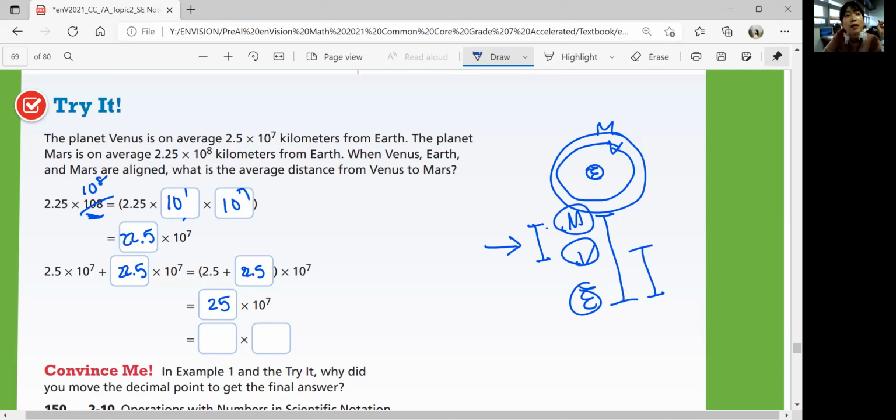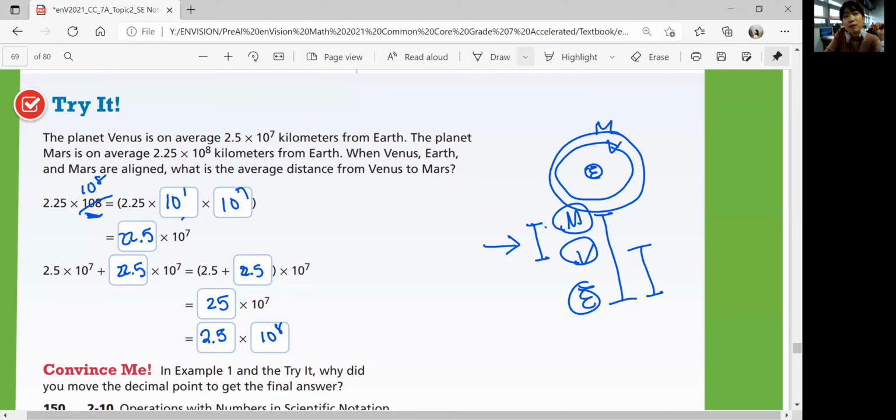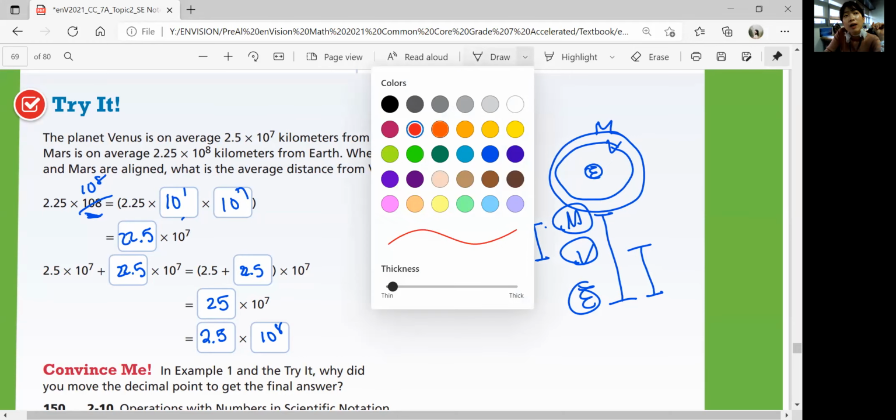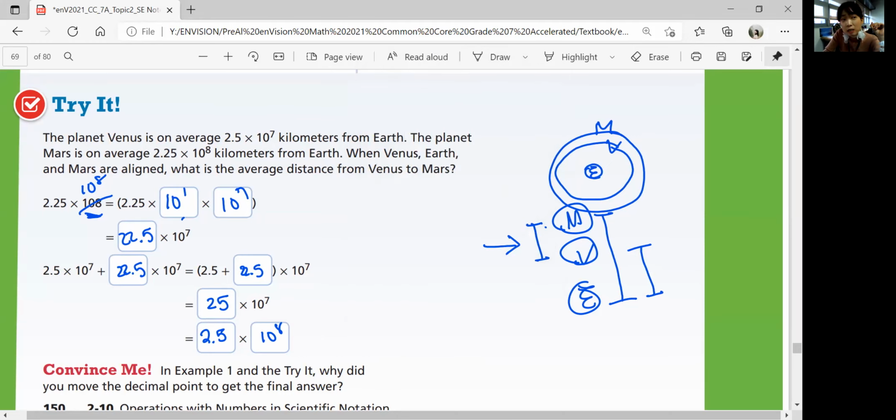And you can write that as 2.5 times 10 to the 8th power. I don't think this is true. Why? Because we didn't subtract it. Okay, so we're going to subtract. I don't think the textbook had a right link.